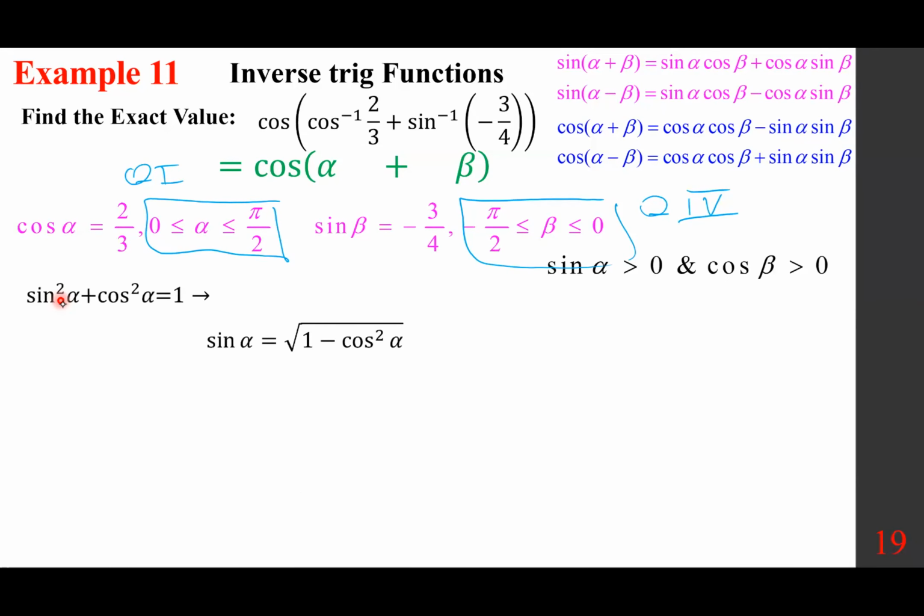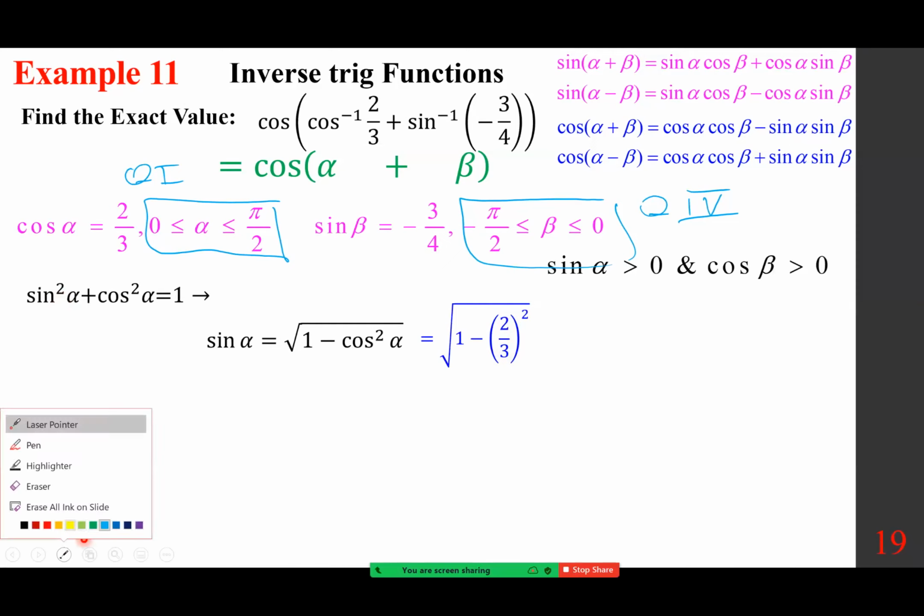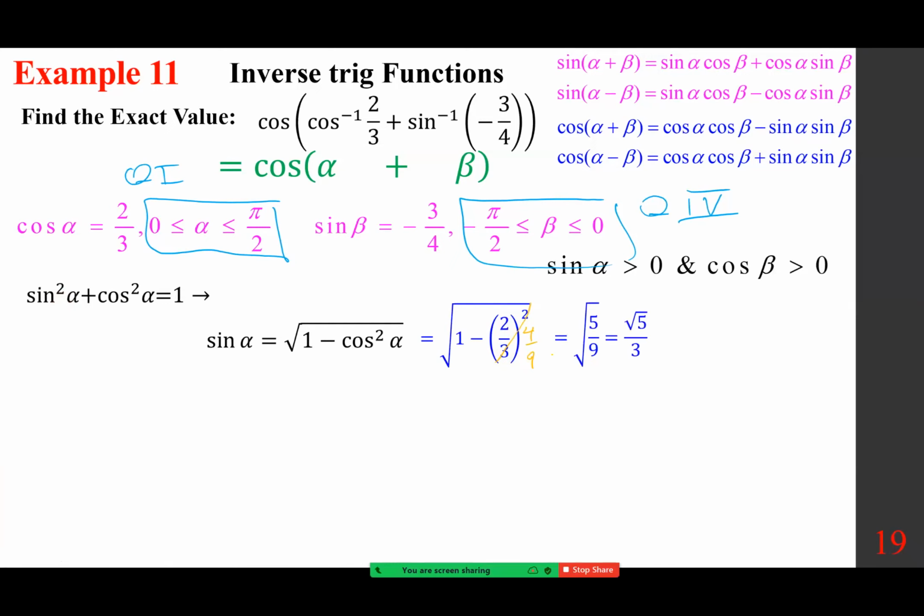Sine is the square root of 1 minus cosine squared alpha, 1 minus 2/3 to the second power. This is 4/9. So remains 5/9, or square root of 5 over 3. So that's sine alpha.